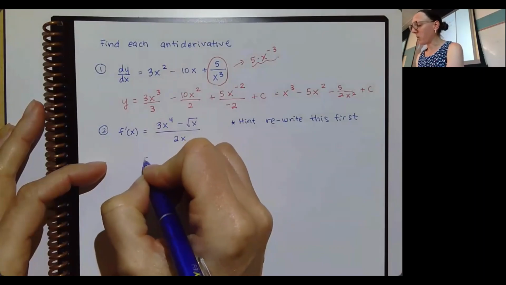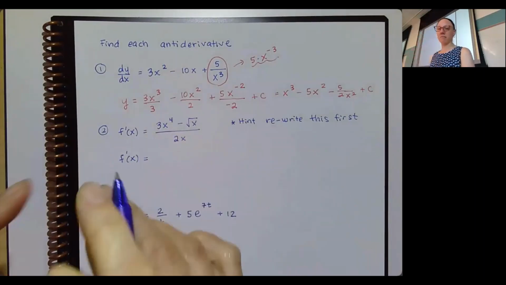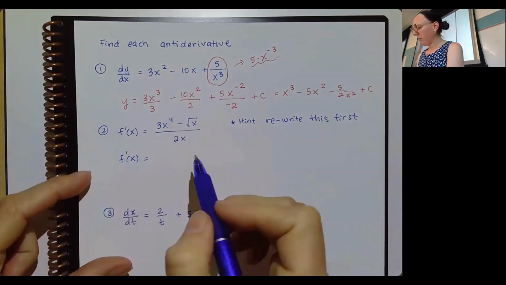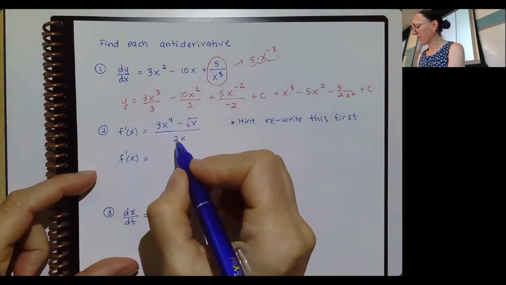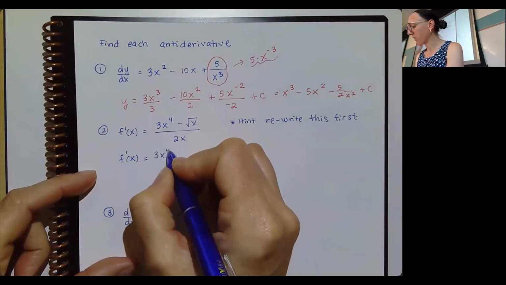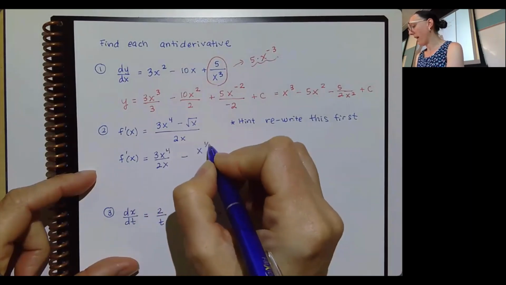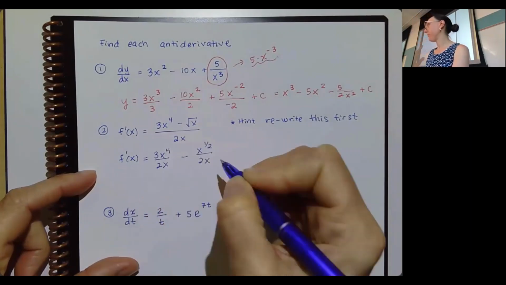You could do this in 1 step. I'm not finding that antiderivative yet, but I'm going to split this apart as 2 fractions and say that's 3x to the 4th over 2x minus x to the 1/2 over 2x.